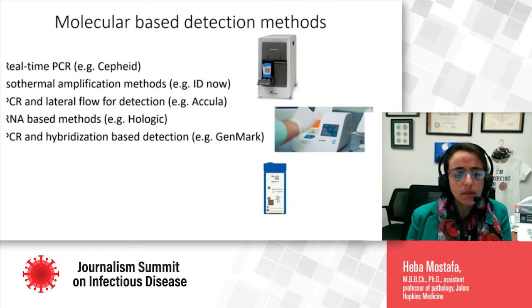Other methods also include RNA amplification followed by hybridization. So as you can see, there are a variety of approaches. Some of those approaches were shown to have equivalent sensitivity to real-time PCR, but some of them had a little bit less sensitivity.